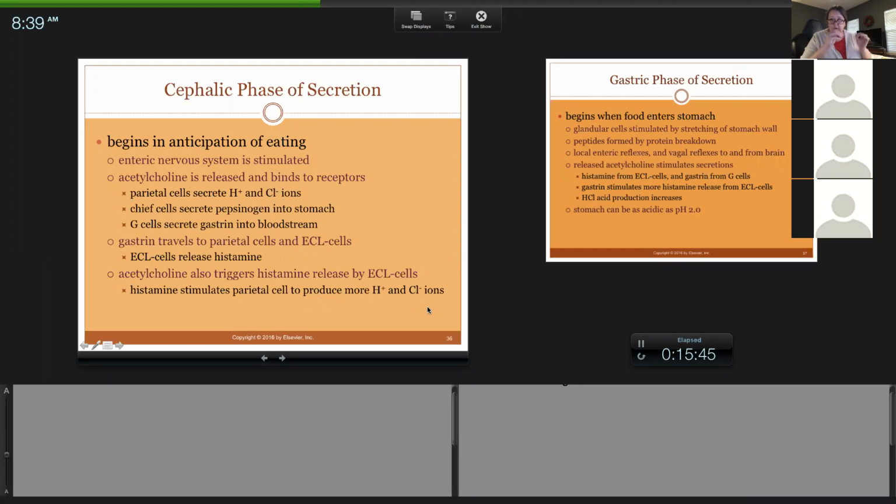I'm going to make a little connection here for you. Well, when do animals release histamine at other times? Just give me an example of when a dog would release histamine. Could be from a fight, could be getting excited.